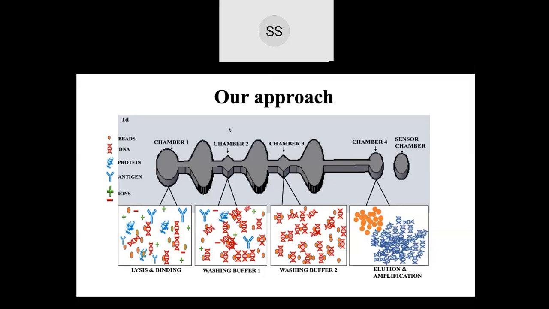If the Zika target is present in chamber 4, the primers will bind to the target and start amplifying. Once there is a large amount of DNA in chamber 4, the color of the chamber will convert from colorless or almost light blue to dark violet. So this is the overall approach of the project which I am working on.